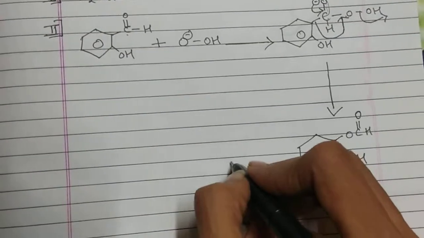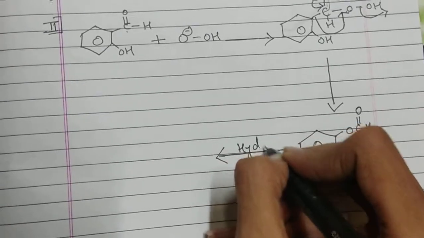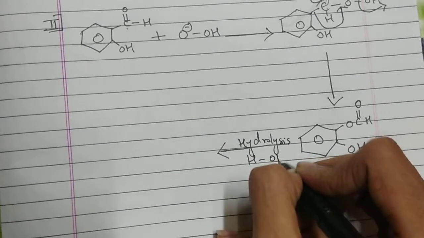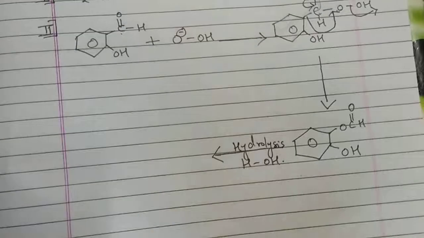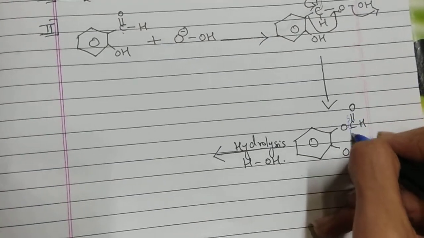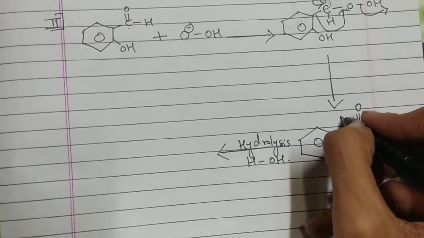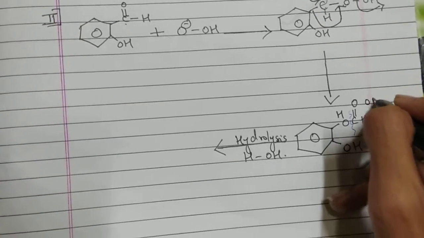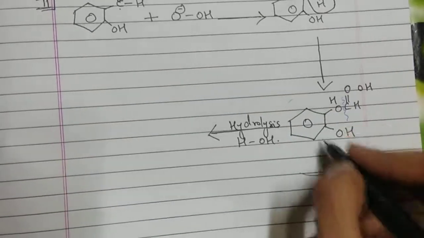Now in this part, we carry out hydrolysis. Okay. So when we carry out hydrolysis, we have H and OH. So what happens is, my H and OH will attach itself in such a way that the H will attach to this part of the molecule and the OH will come over here. Okay. So what I get will be two molecules or two products.